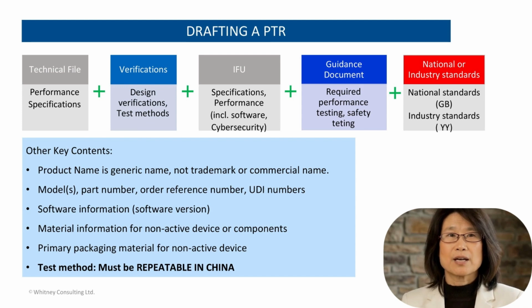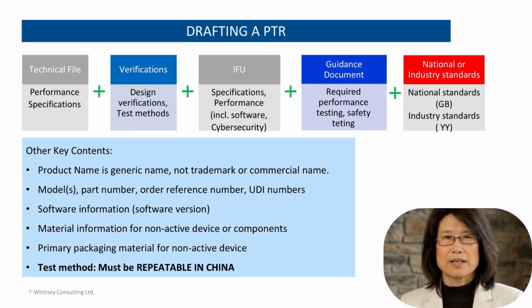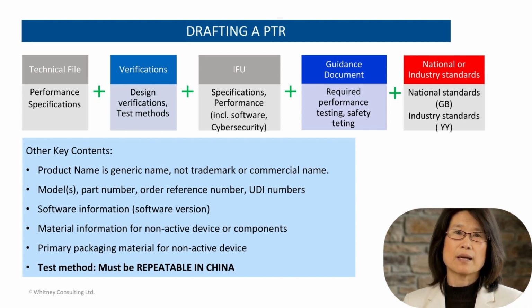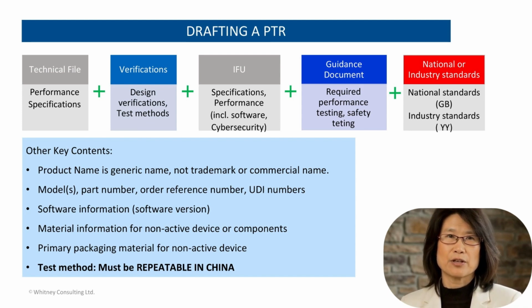Other key contents in PTR can be software version for active device, material composition for non-active device, and other important facts and specifications. Lastly, PTR must include test methods, which are used during testing to verify these specifications.